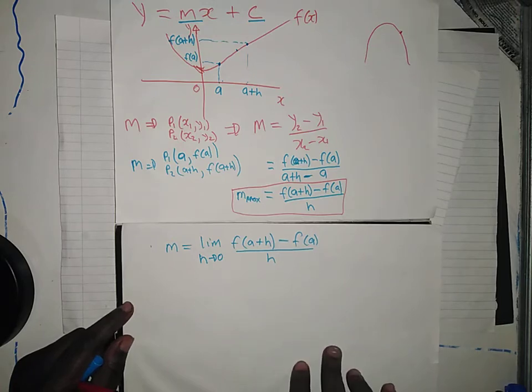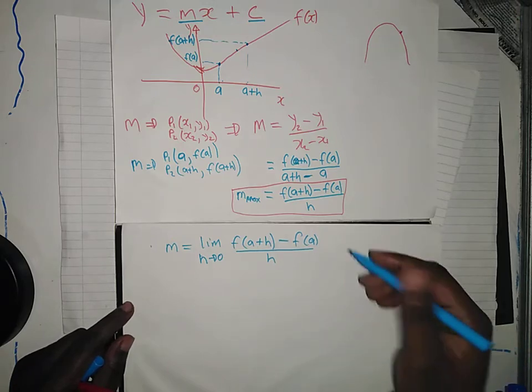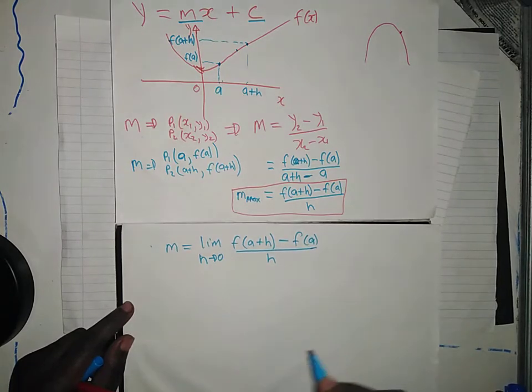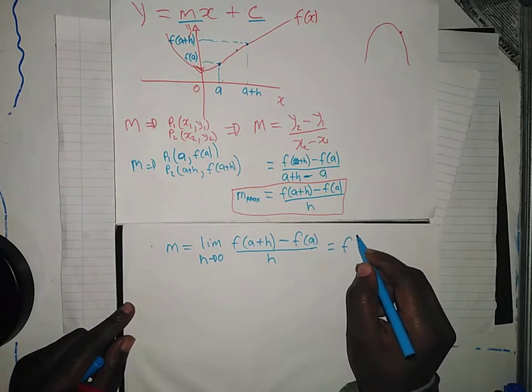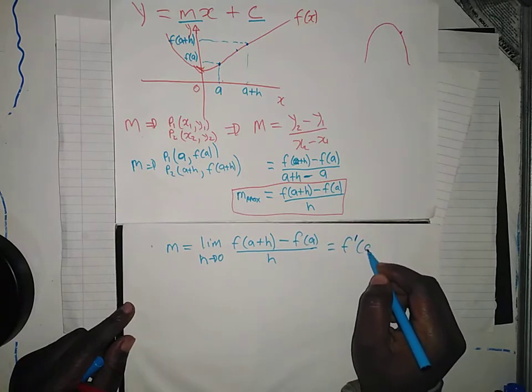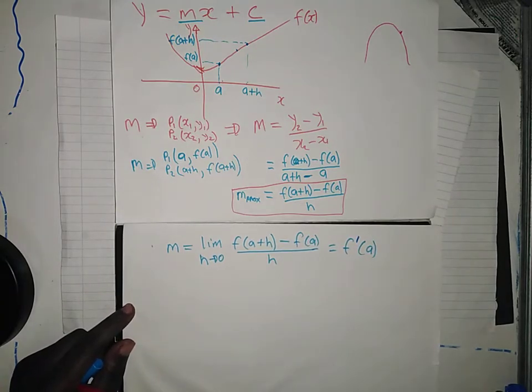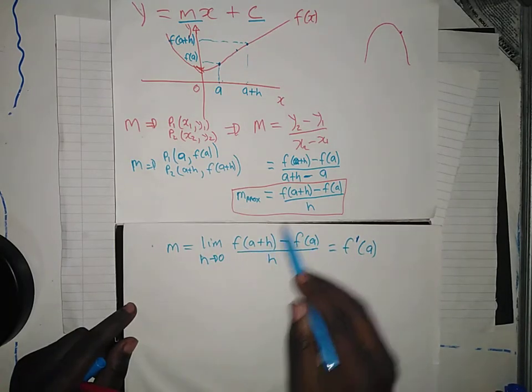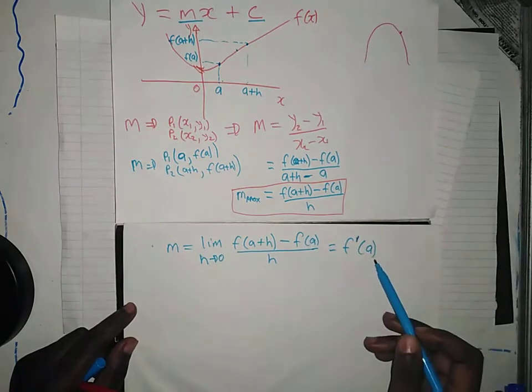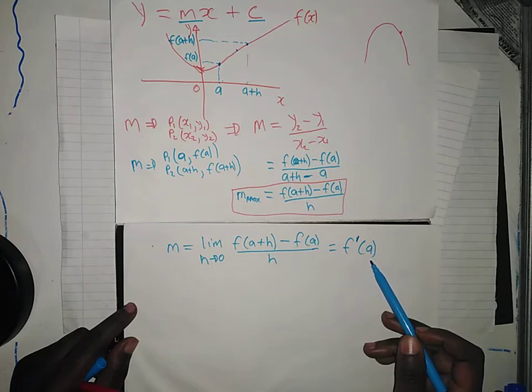Now, when we take this and compare it to other things, we find out that this is nothing other than f prime at a. So the derivative of this function f at x at point a.